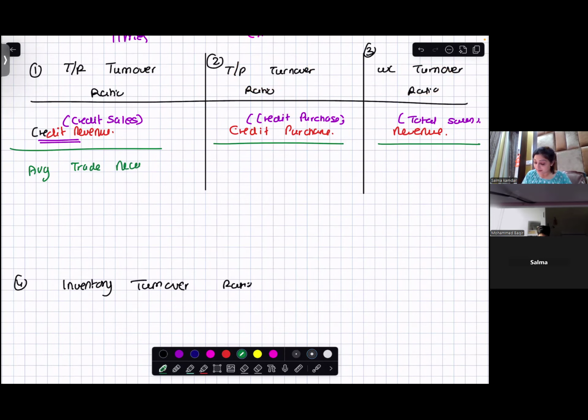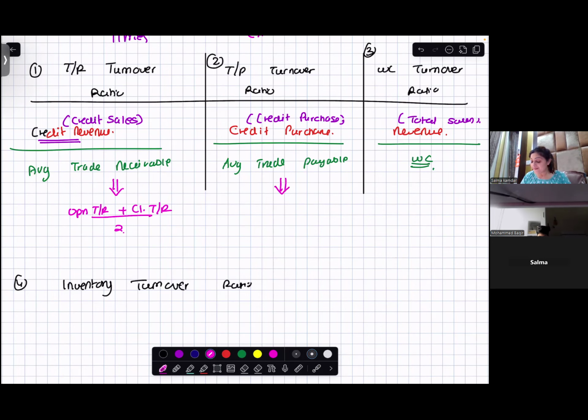Here you divide it with your average trade payables. And here you divide it by working capital. When I talk about average trade receivables, it means your opening trade receivables plus closing trade receivables divided by 2.